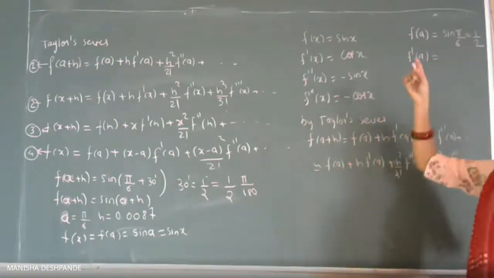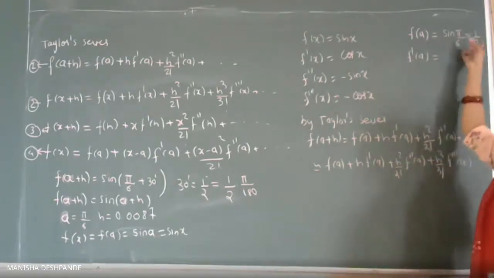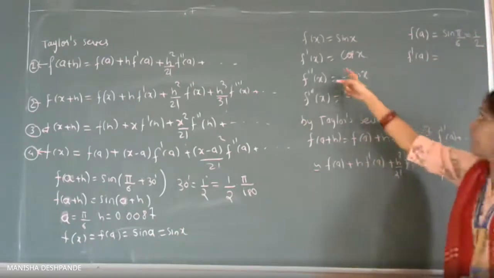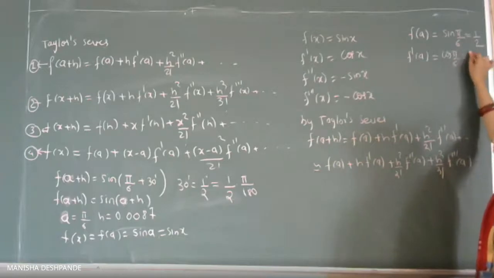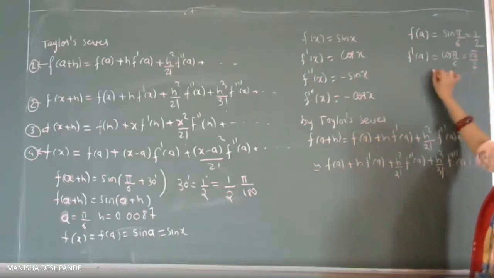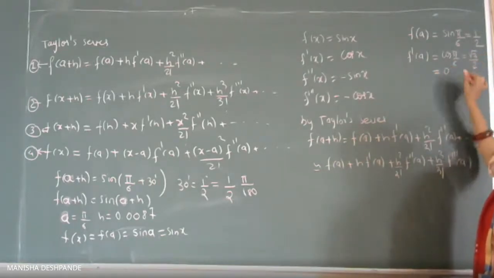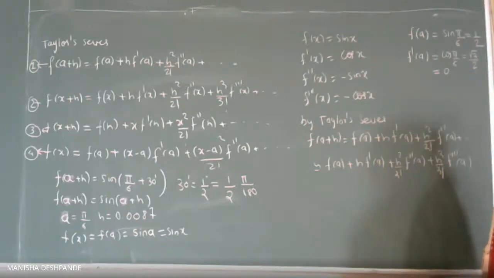F dash of a is cos of pi by 6, which is root 3 by 2. In decimals it is 0.8660 something. Just check it. Yes, ma'am. Okay. Fine.